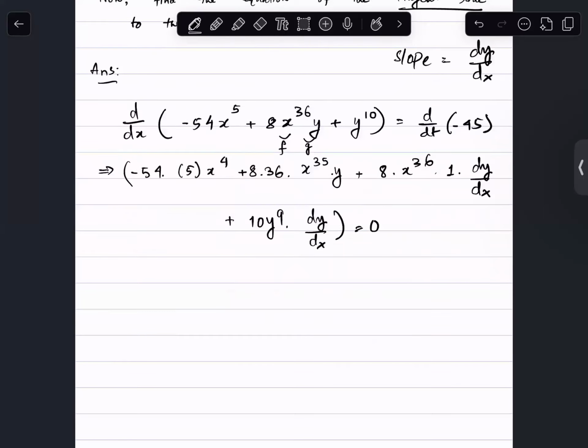Okay. Again, if you simplify further, you get this as your simplified form.